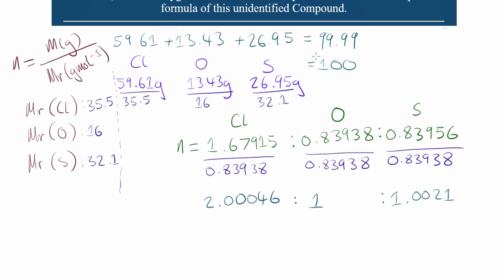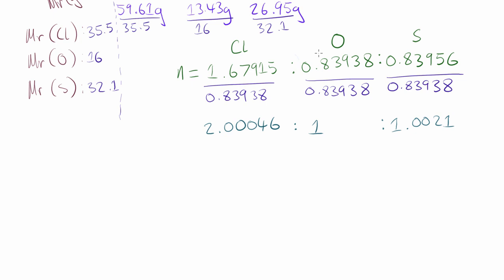When we put that to 1 decimal place, it's basically 100. And with these numbers, when we put all of this to 1 decimal place, we get integers. So when we do that rounding, you're just going to get 2, 1, 1.